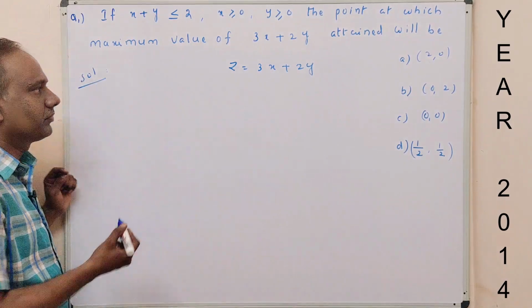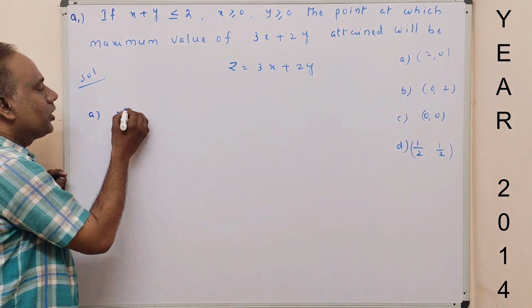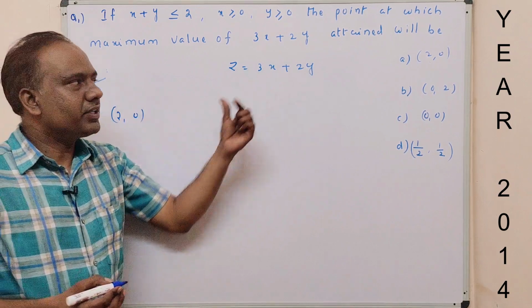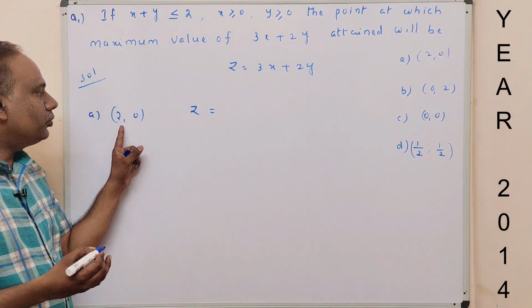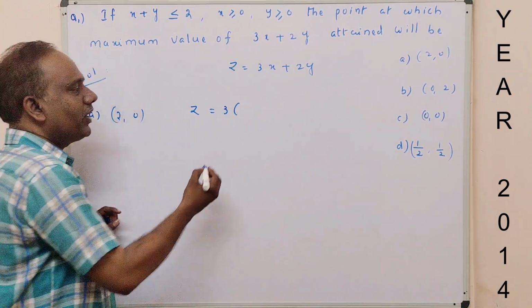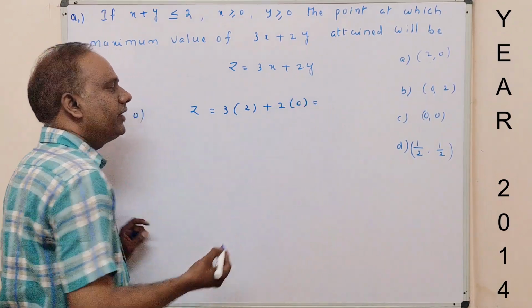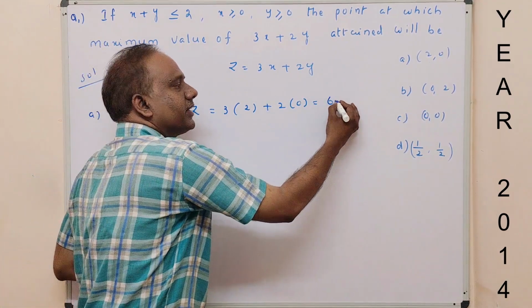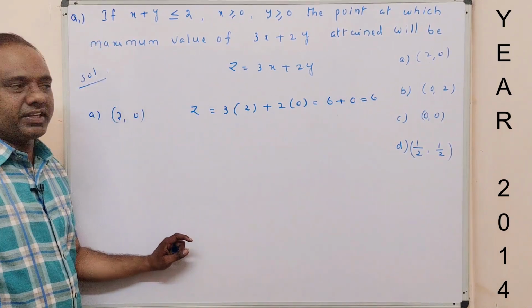So first option A is 2 comma 0. Now this point you can substitute here. So z is equal to 3 into x value 2, and 2 into y value 0. So 3 into 2 is 6 and 2 into 0 is 0. 6 plus 0 is 6.